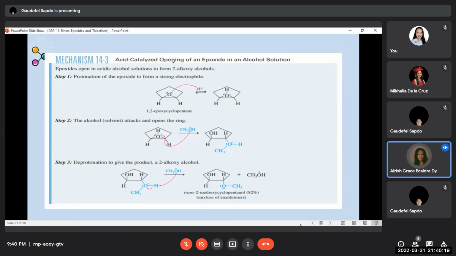So this will be the result. So step 3, deprotonation to give the product, an alkoxy alcohol.